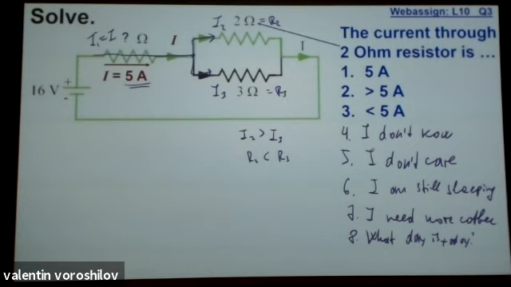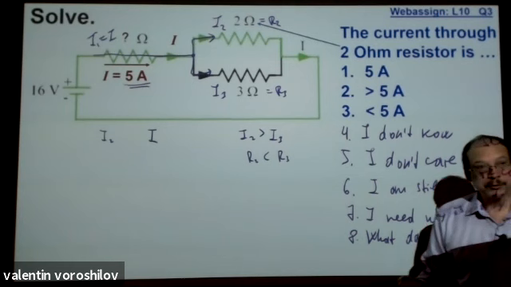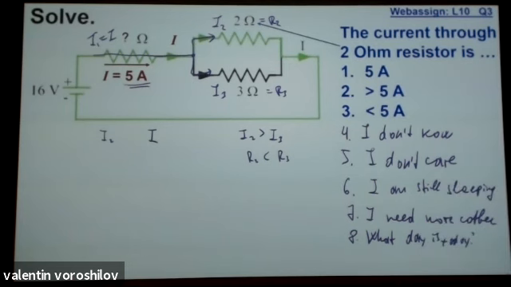The question is, how do I relate I2 and I? And the answer should be obvious by now. Splitting means less current goes through there, because some portion of initial current goes through a different resistor. So the answer is less. And this is 5, so less than 5.